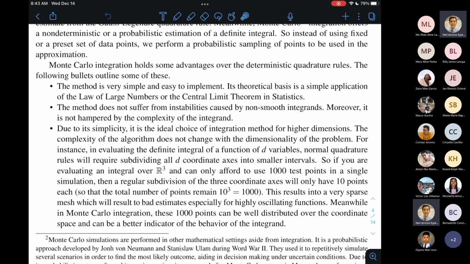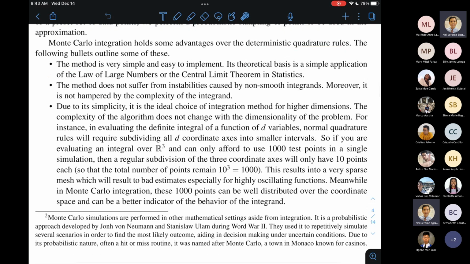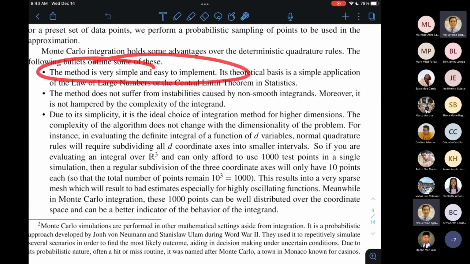So here are some advantages ng Monte Carlo integration or Monte Carlo simulations over deterministic quadrature rules. Una, ito yung sinasabi ko kanina. It's very simple and easy to implement. But again, madali siyang gawin, pero it comes at a cost. Hit or miss. Wala tayong safeguards to ensure good approximate, except that we do the simulations either on a large data set or multiple number of times.